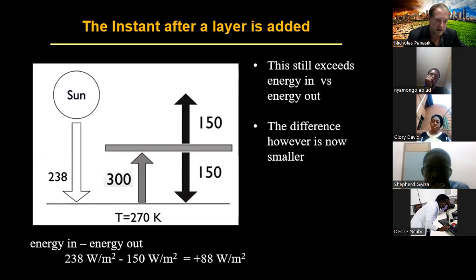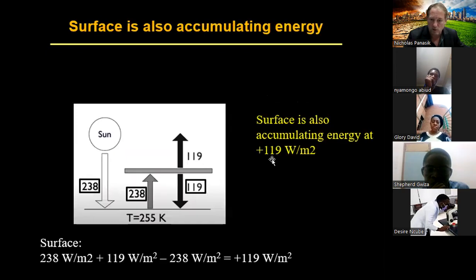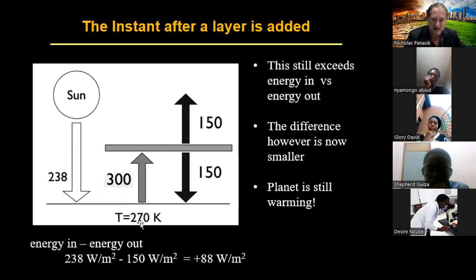If I go back, we were accumulating energy at 119 watts per meter squared before, when the planet was only 255. But now the temperature's increased from 255 to 270, we're no longer accumulating energy at a rate of 119.